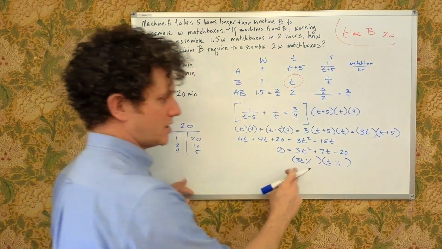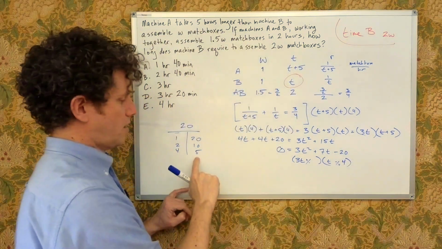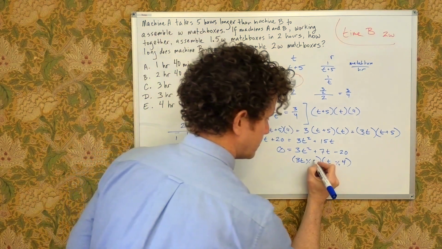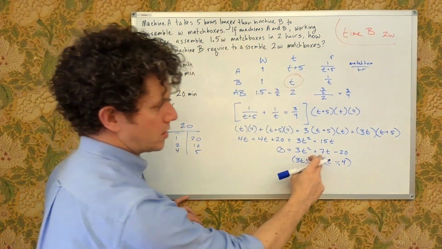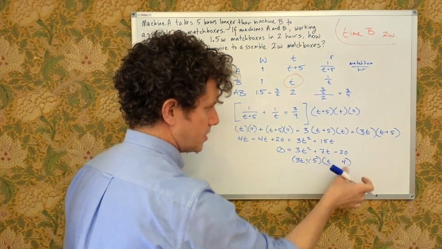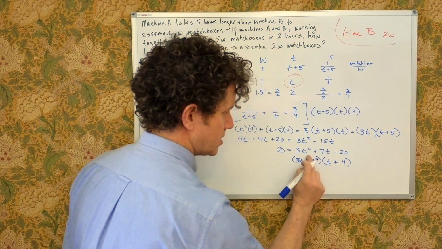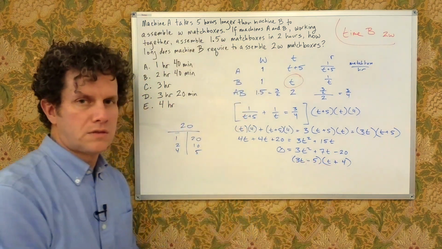The 4 needs to pair up with the 3, and the 5 is going to be the partner of the lone t. We want our end result to be positive, so these bigger numbers need to be positive, and this little guy is going to get subtracted from them, so there is our negative sign.